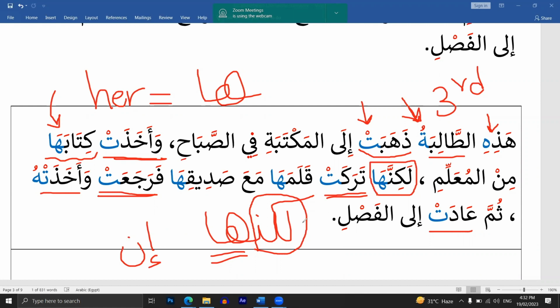So we said, if you recall, any pronoun connected to one of those will be in the objective case. Why? Because اسم إن, the noun of إن or لكن, is in the accusative case, منصوب. That's why this one is going to be an objective pronoun. Okay, I hope you are following.